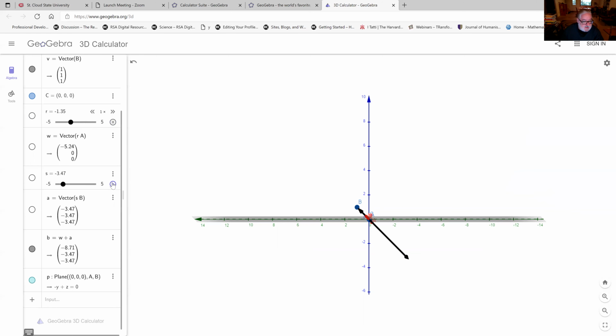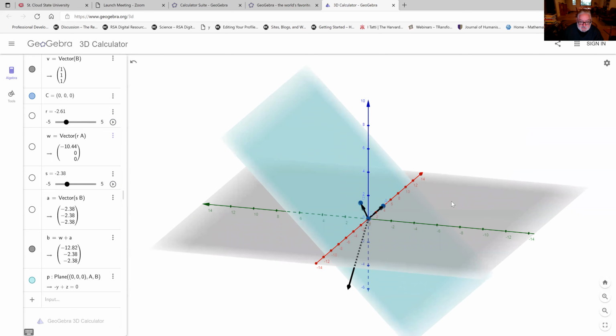But they're in the same plane as the vectors A and B as we let this long vector move around. And so there's our plane that is the span of our 2 vectors. A and B are the basis for that span, for that plane.